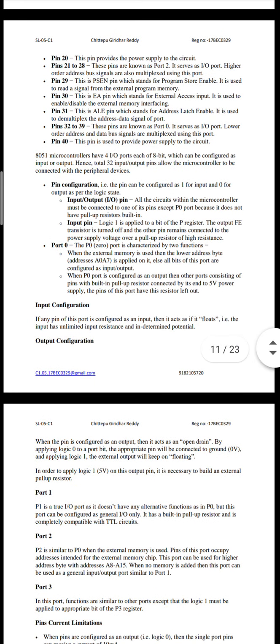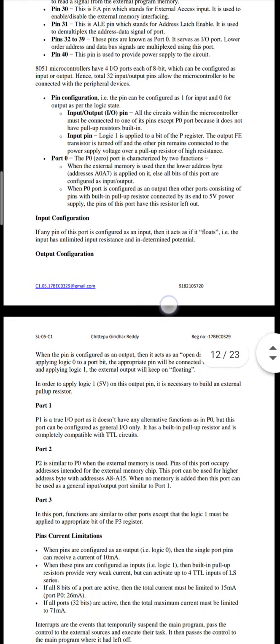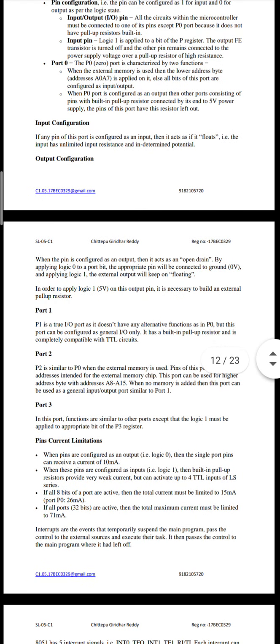If we talk about the pin configuration, there are input output pins, port 0, and the input configuration and output configuration. When the pin is configured as an output, it acts as an open drain.